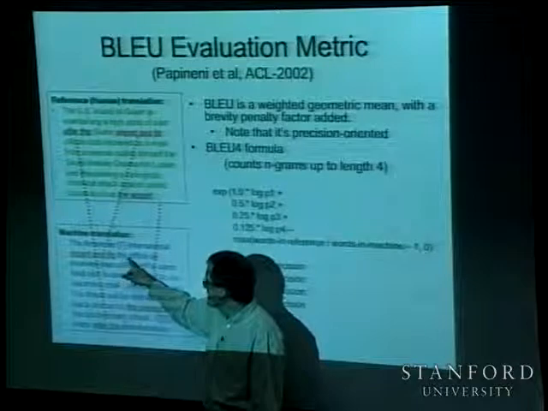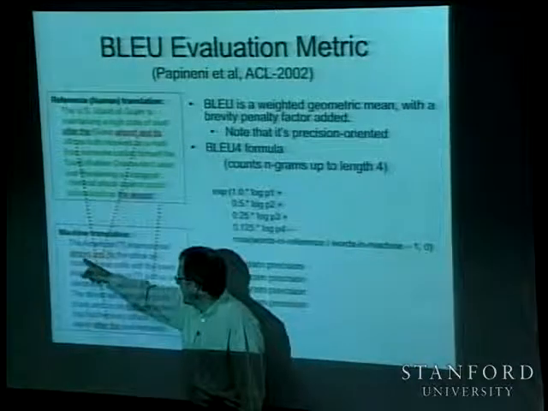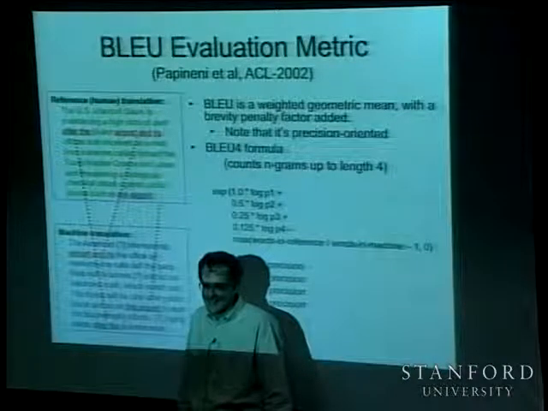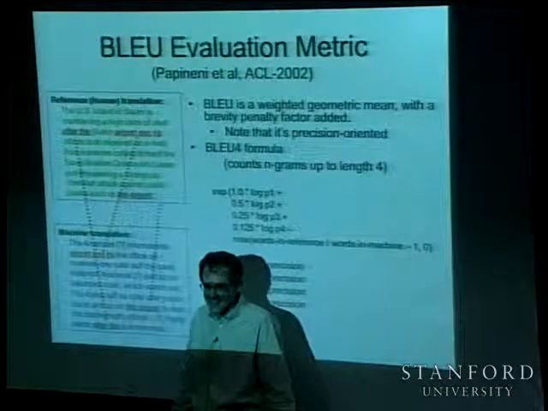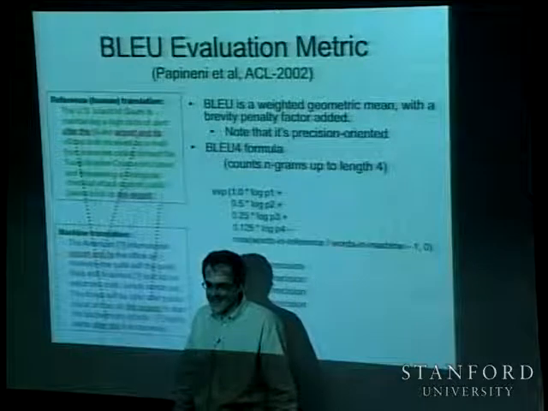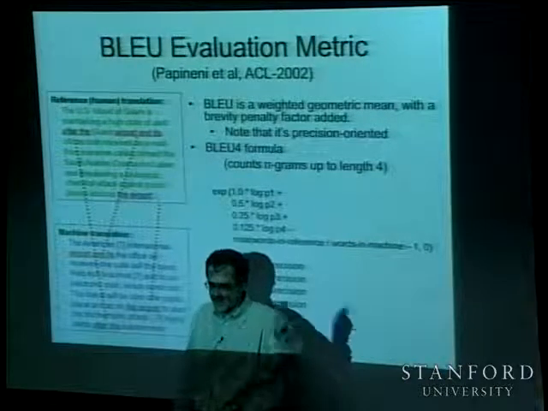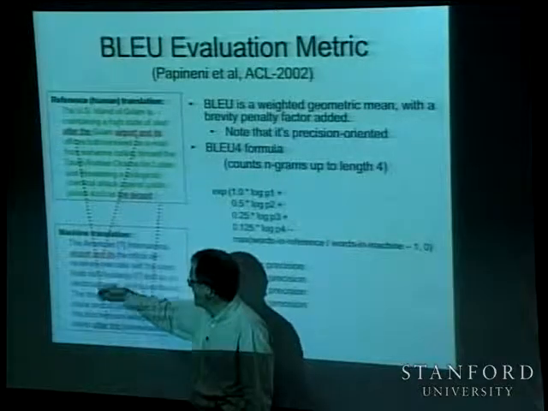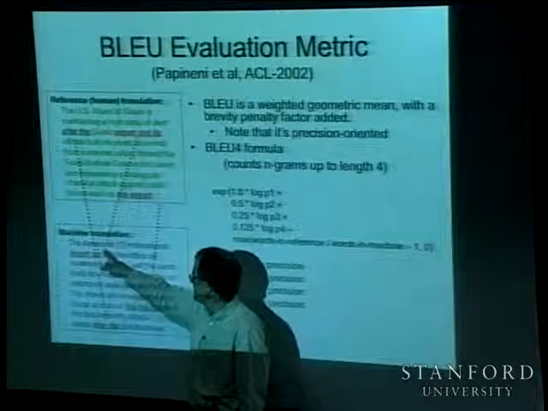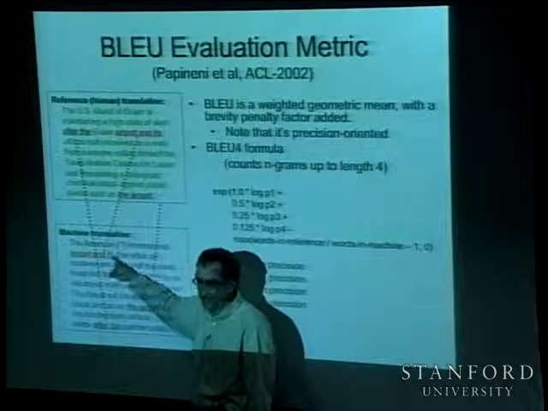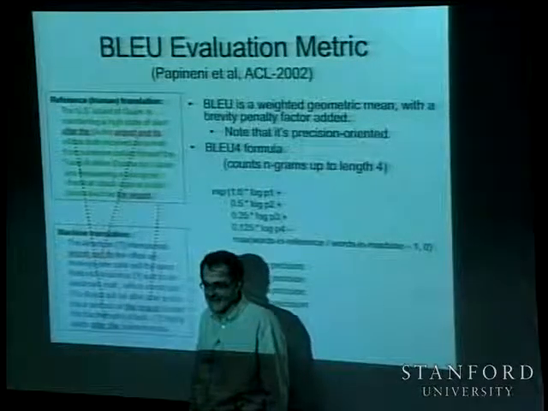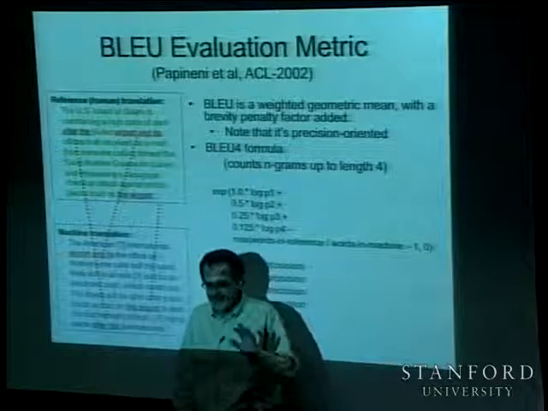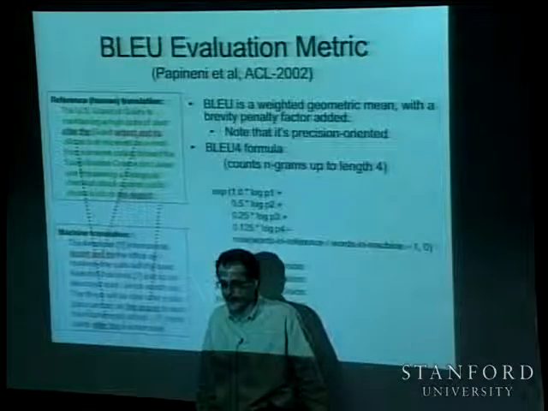Now, the system could equally have translated it as airport and its office. And to a human being, that seems equally as bad, because in both cases it's put in a the that shouldn't be there, given that the its is there, and it's only a question of which side of the its it puts it on. But if it had put the on this side, it would have only gotten a bigram match, whereas because it put the on this side, it got lucky and got a trigram match. So, although you want to pay attention to higher order n-grams, it's quite noisy and there's quite a bit of luck on whether you get them right.